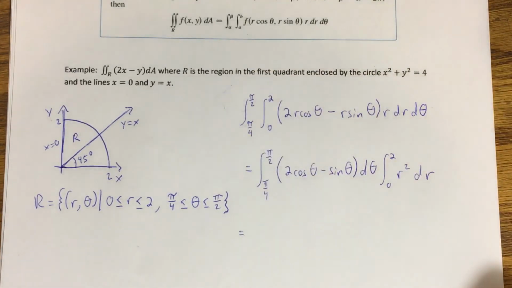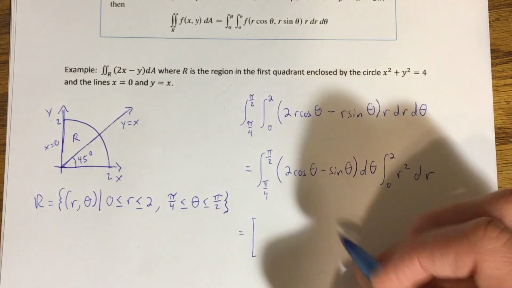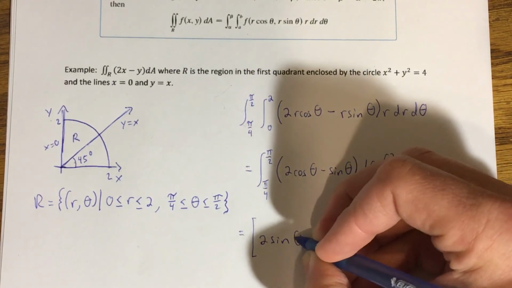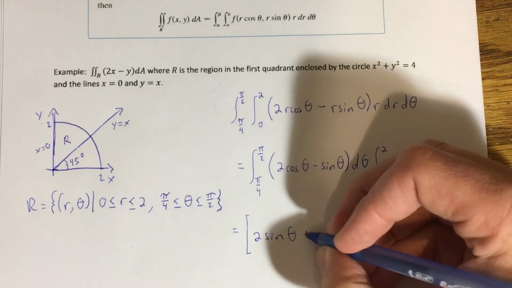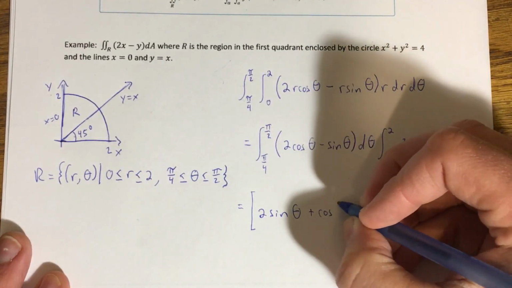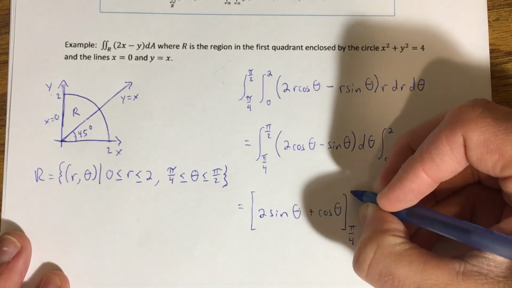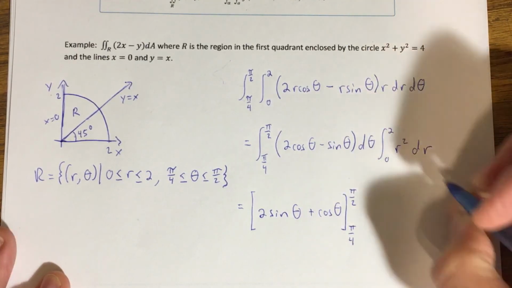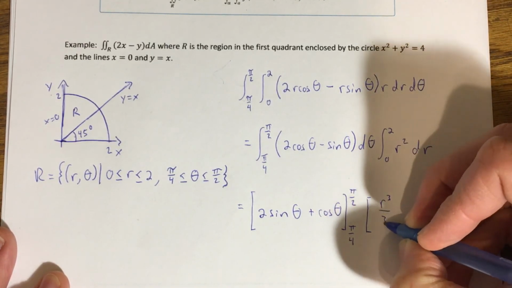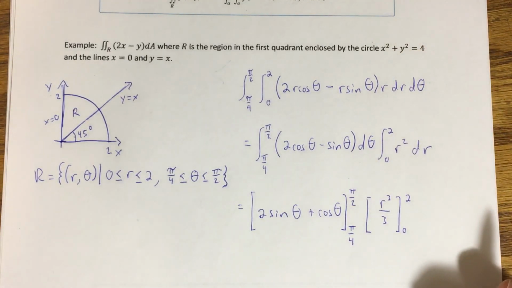Okay, that's pretty easy to solve now. So this becomes 2 sine of theta plus cosine of theta from pi over 4 to pi over 2. Here we have r cubed over 3 from 0 to 2.